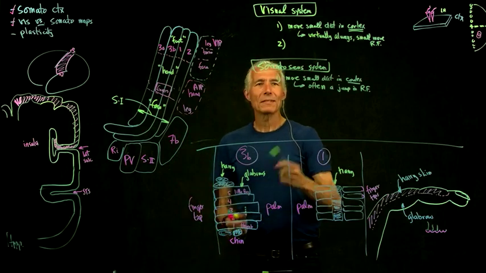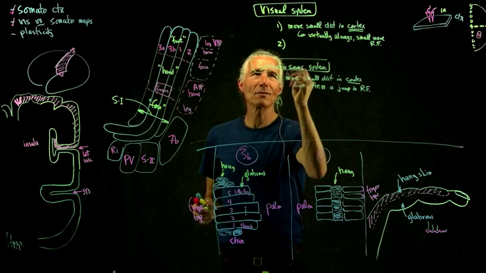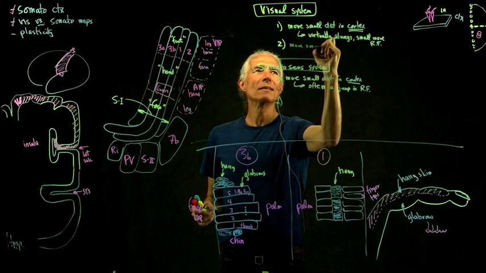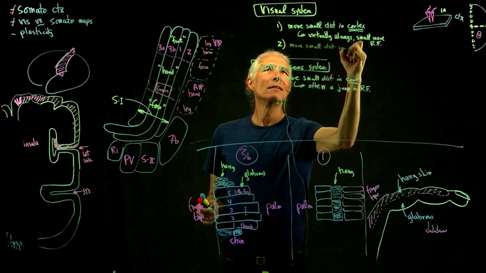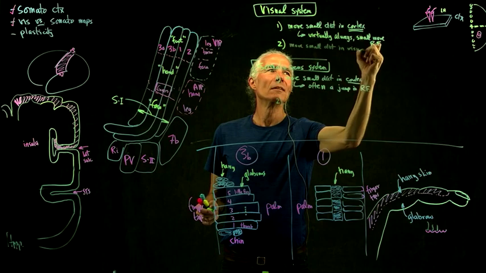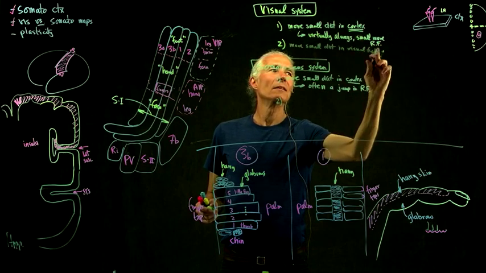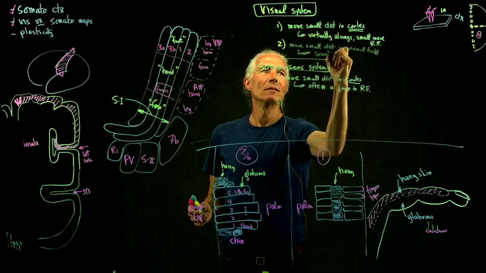Now, just to put it in perspective of what we talked about before, there's another way of looking. We could move a small distance in visual field, and sometimes there's a jump. So that occurs.